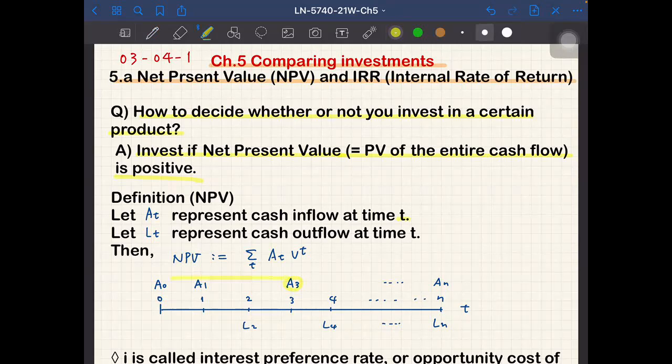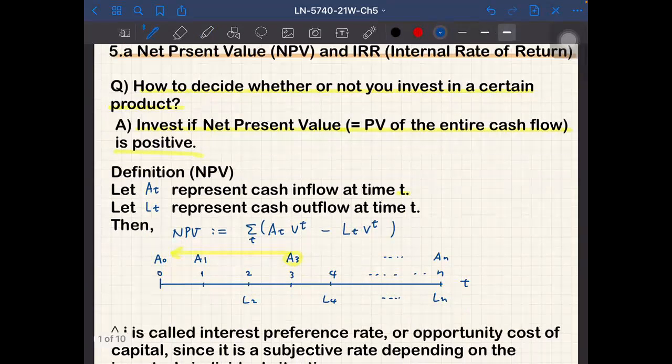So we multiply by v to the t's power, minus L sub t times v to the power t. L sub t is liability, so we have to put a negative sign here. So if this net present value is positive, then we invest in that product or project. And if negative, we do not.